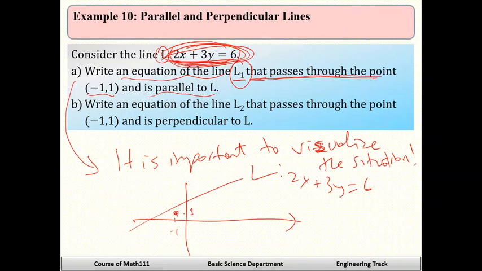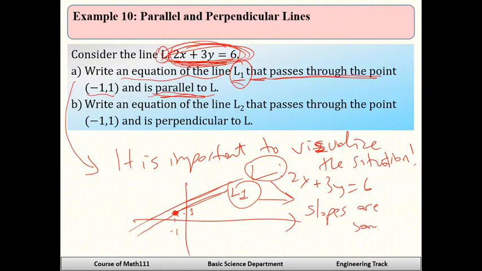There's a line L1 passing through this point, and it's parallel to L. If they are parallel, what do you expect to get in terms of slopes? The slopes are the same, right? So the slope of L is equal to the slope of L1. This is important information because they are parallel to each other.